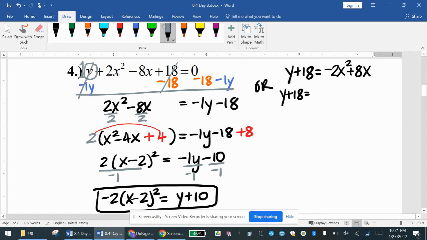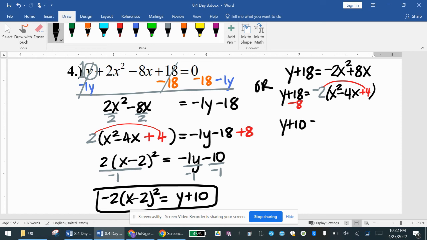So factor out the negative 2 in order to complete the square. Negative 2 divided by negative 2 gives you that positive 1 you need. And then 8 divided by negative 2 would give you negative 4. And complete the square. This is a negative 8, so I would also do the balance there.